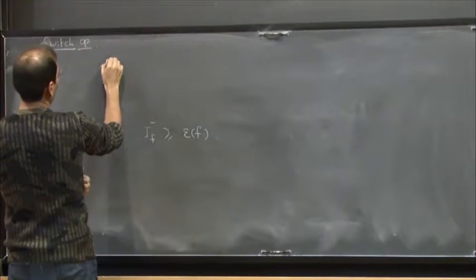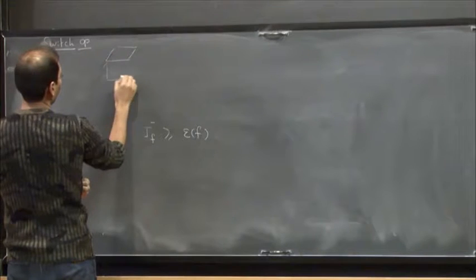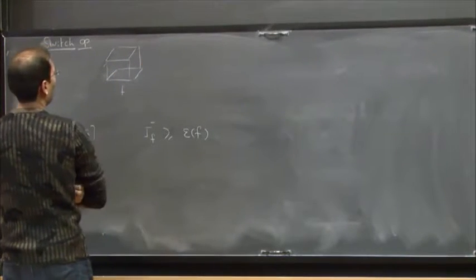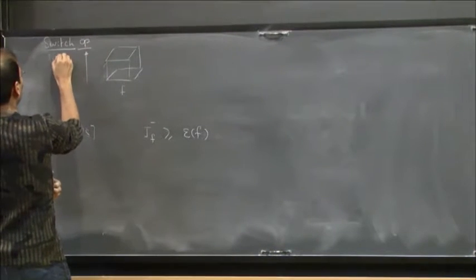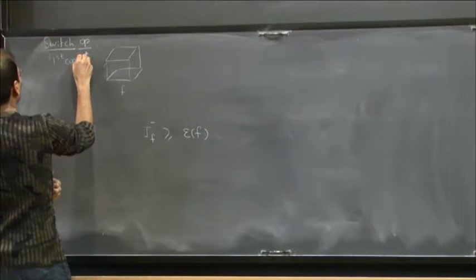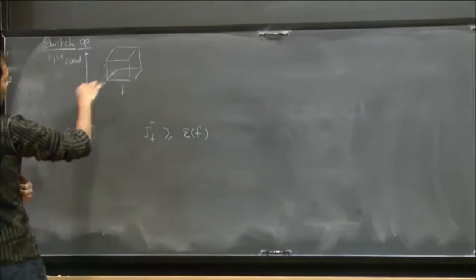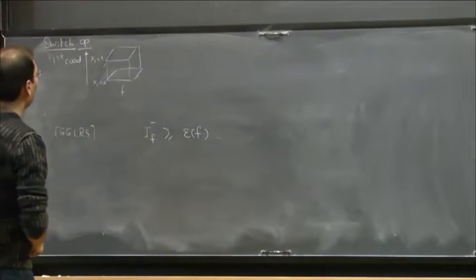Start with an original function. This is the function f, and let's say the vertical direction denotes coordinate number 1. This is the first coordinate, so this is the plane with the coordinate equals 0. This is the plane with coordinate equals 1.